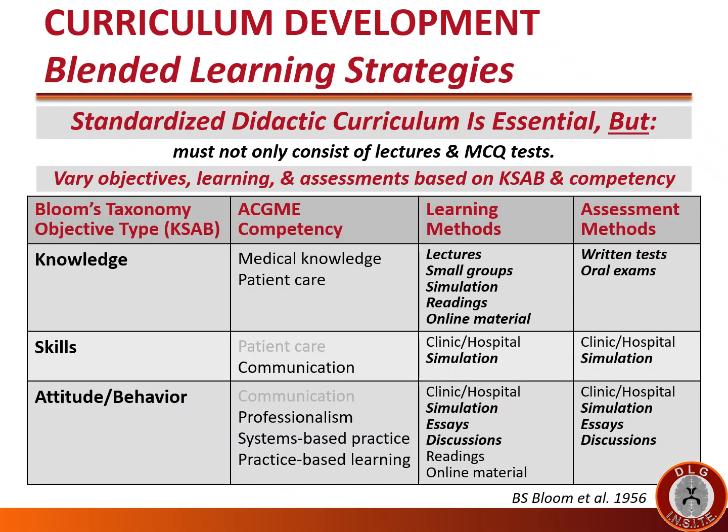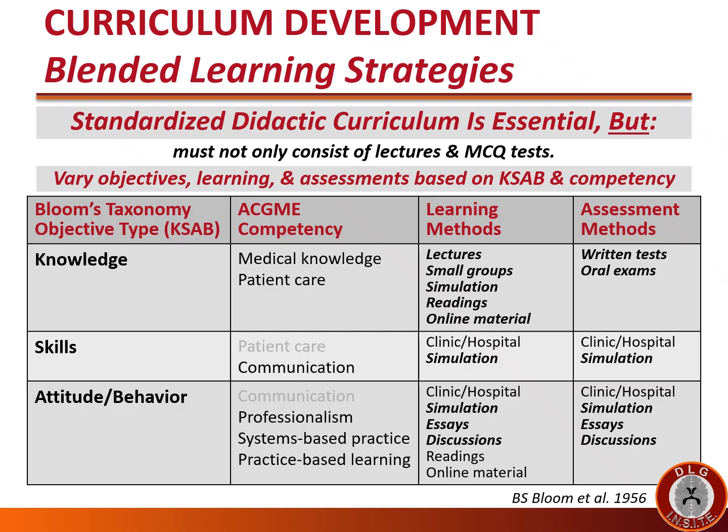When developing a curriculum, one should use blended learning strategies. The standardized didactic curriculum is essential, but must not only consist of lectures and multiple choice tests. One should vary the objectives, learning and assessments, based on the specific knowledge, skills, attitudes, and behavior, and competency.